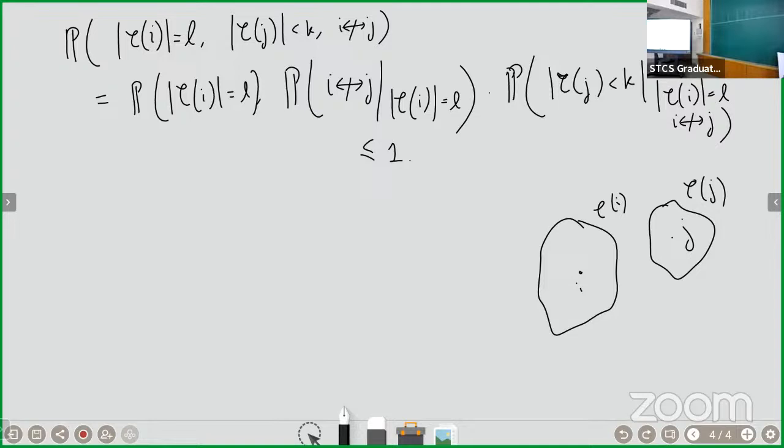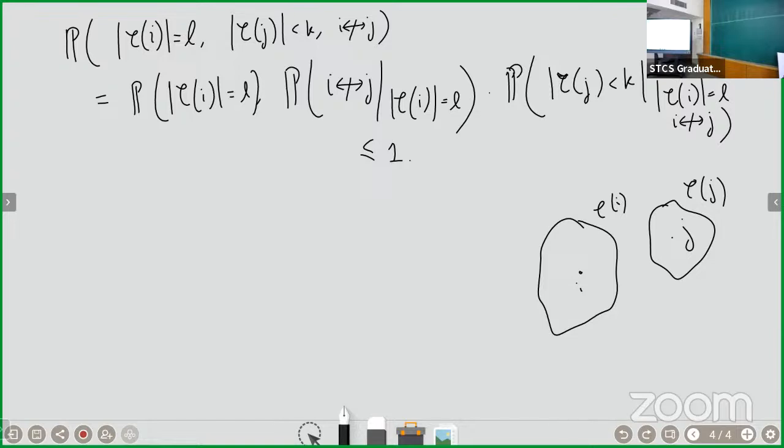We can take a graph which is of size n minus L. Then we can directly talk about any connected component being less than k. So what is the final probability? This is the probability. So what is the probability in that new graph? P of Cj less than k, but the size of the graph will be n minus L.